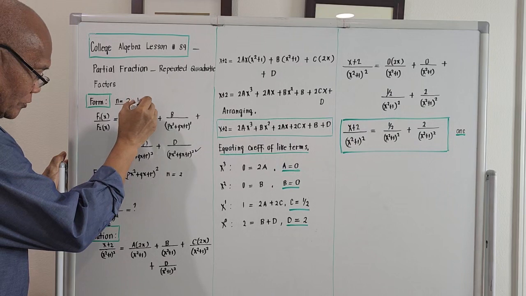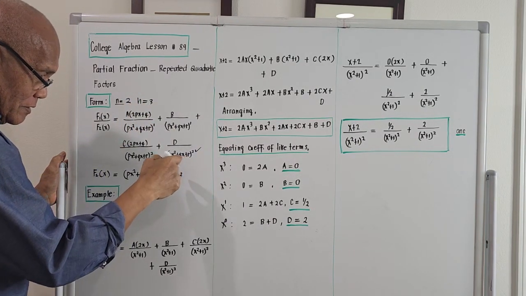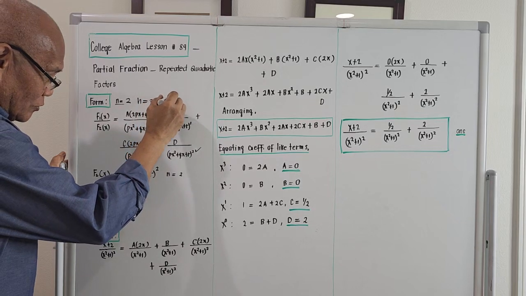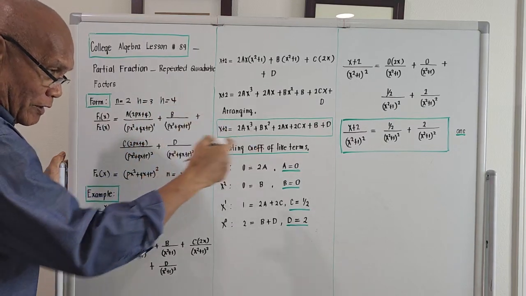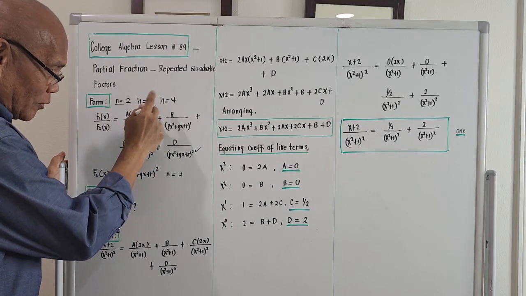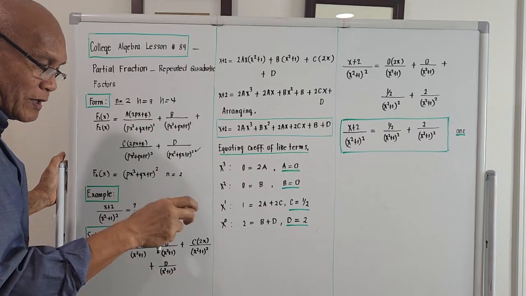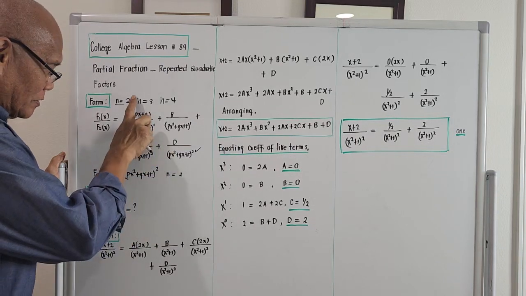For n is equal to 3, there will be 6. And for n is equal to 4, there will be 8. But this is already the worst case scenario for a problem when solving integration using partial fraction.